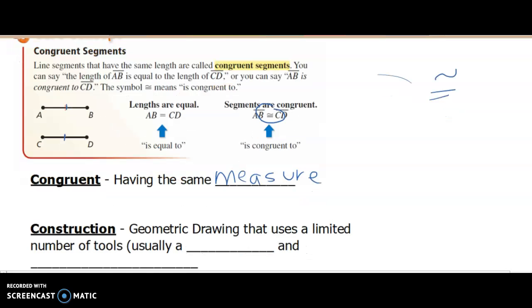And then construction, guys. We're going to do a few constructions throughout this class, and when you talk about constructions, you are basically drawing things that use a compass and a straight edge.